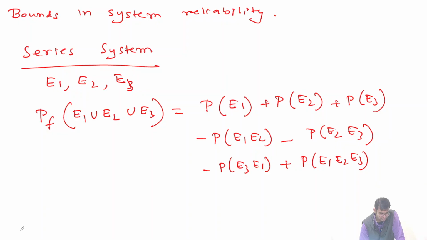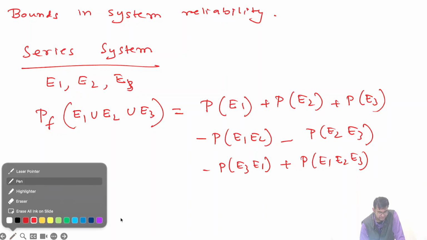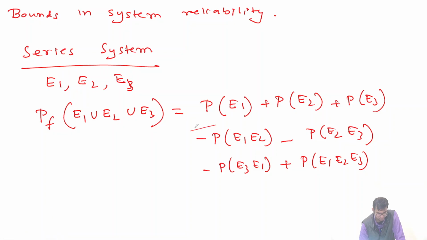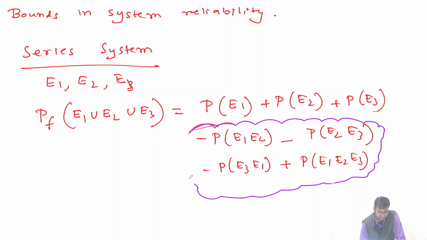As you correctly said, all of you, or most of you, correctly said. This portion is less than or equal to 0, right?